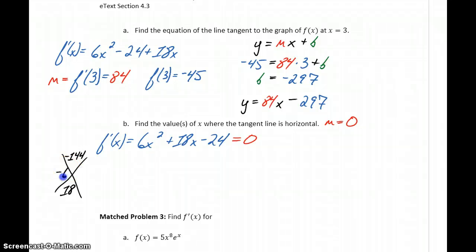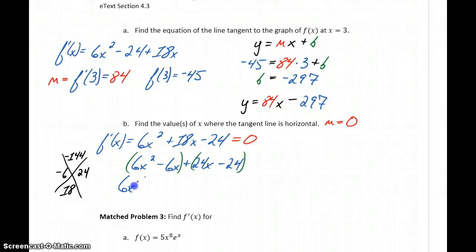So through trial and error, we could figure out that those are negative 6 and 24. So we could rewrite this as 6x squared, and then we could break this middle term up as negative 6x plus 24x minus 24, and then factor by grouping.